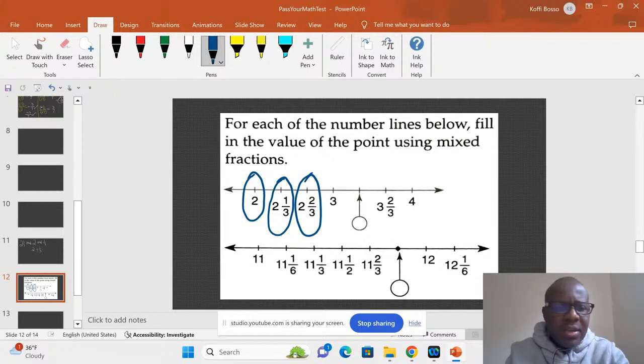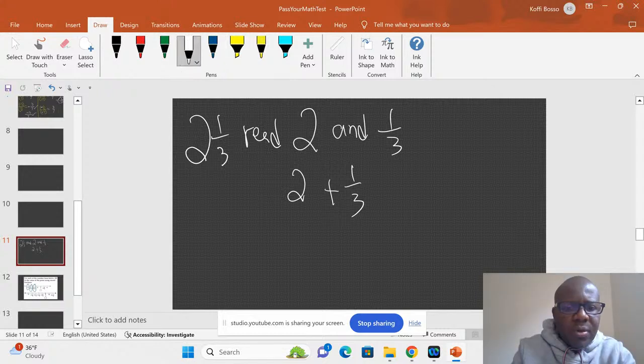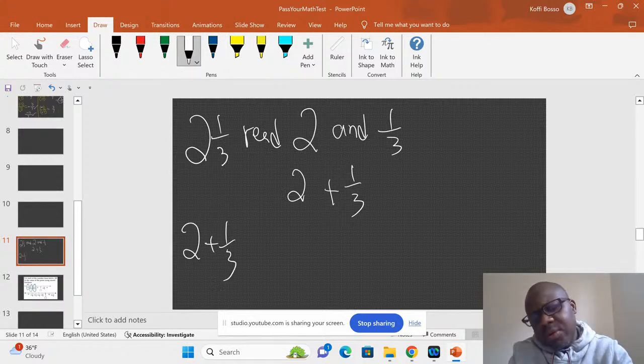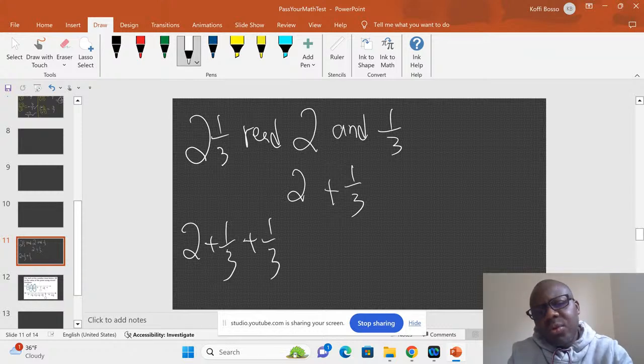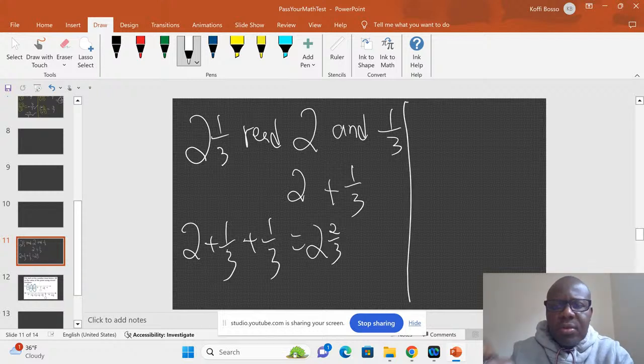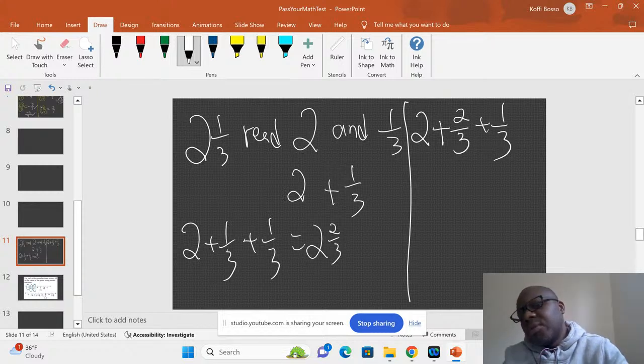So let's check. First of all, I have a 2. They add 1/3 to get 2 and 1/3. They add another 1/3 to get 2 and 2/3. Now, if I have 2 and 2/3 and I add another 1/3, do you see that we're going to have 1/3 three times?